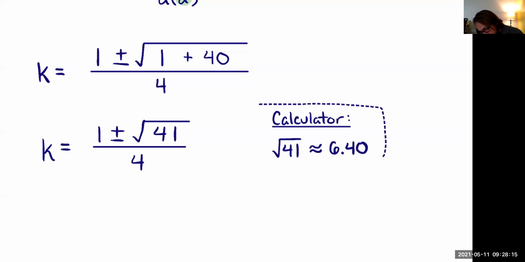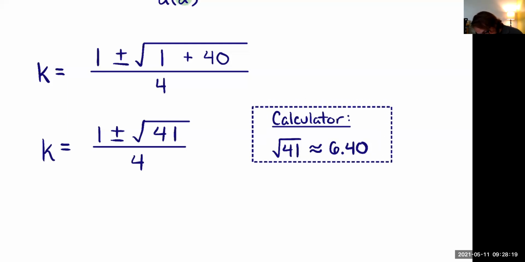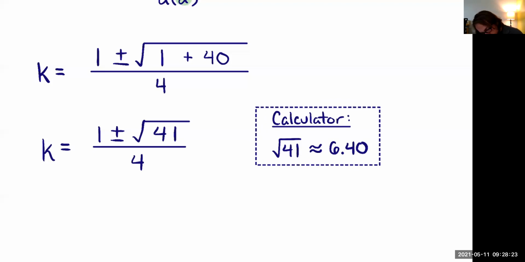So what this is going to allow me to do now, knowing that the square root of 41 is approximately 6.40, is replace the square root of 41.